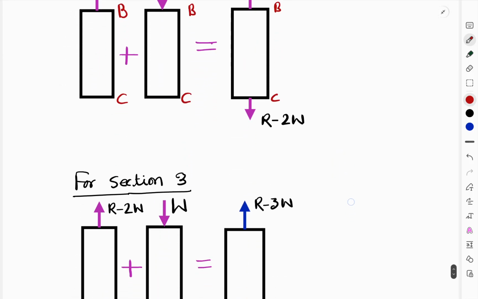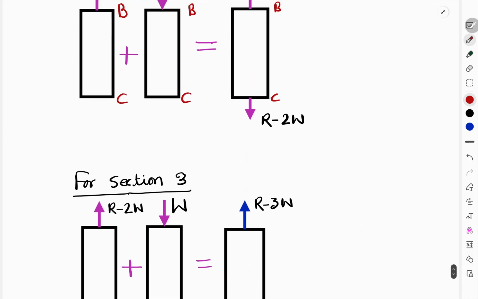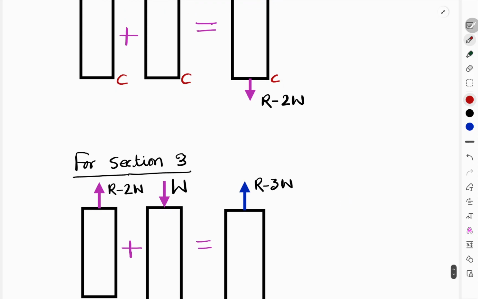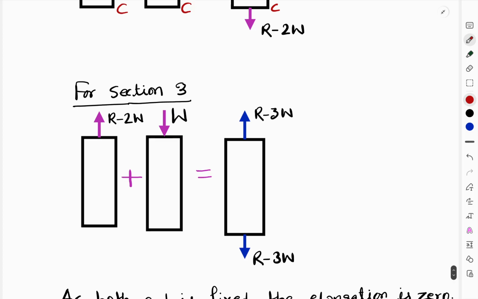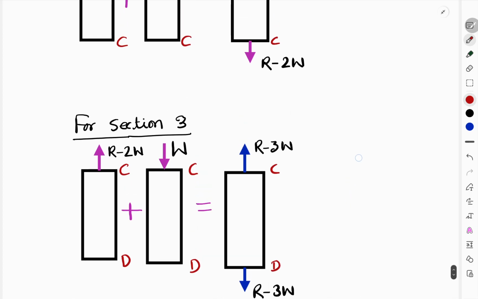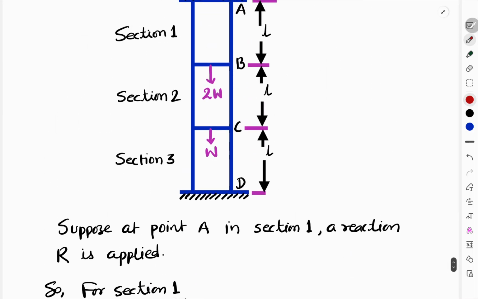Again, for section 3, as we calculated at one end of section 2, the force R minus 2W is applied, which is tensile in nature. So for section 3, between points C and D, a similar force R minus 2W will be applied, but at point C, again a compressive force W is applied.